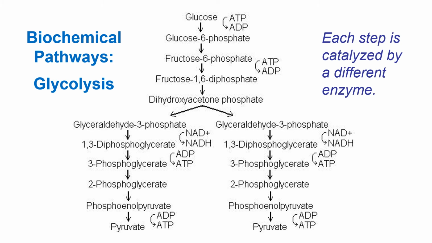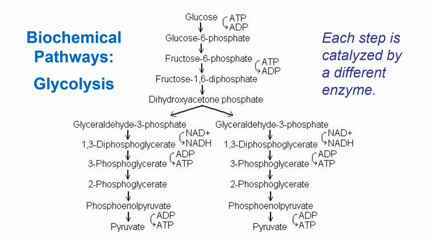The first set of reactions at the top require ATP. We have to invest 2 ATP molecules for every glucose molecule that we start with. But then the second set of reactions liberate 4 ATP. So we get a net gain of 2 ATP.